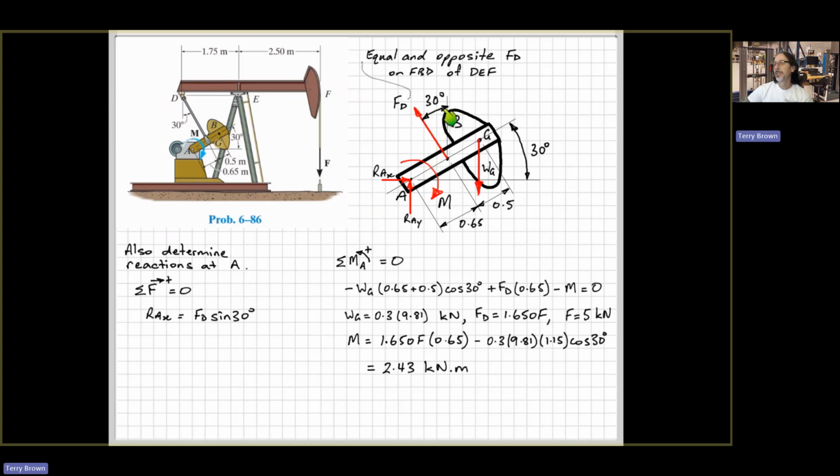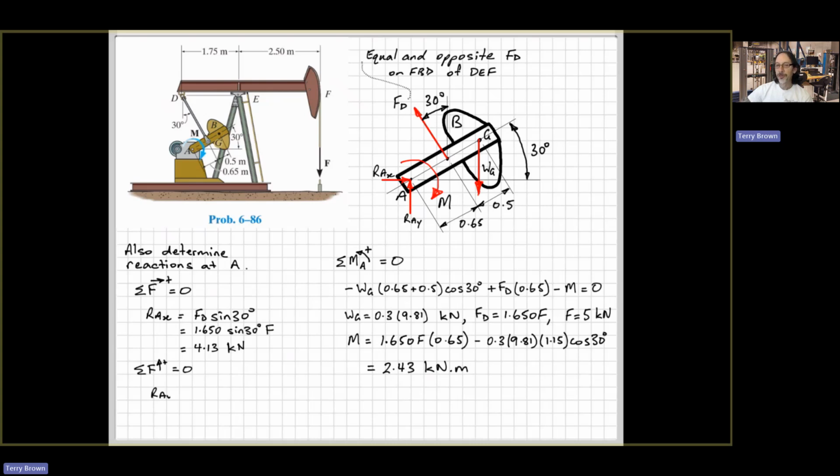So that will be the opposite side here of this triangle, so sine 30. Put in our values, right? Substitute again for FD. You could have, as I said before, worked out the value of FD if you like, but I've just carried through the F. So we got 4.13 kilonewtons there.